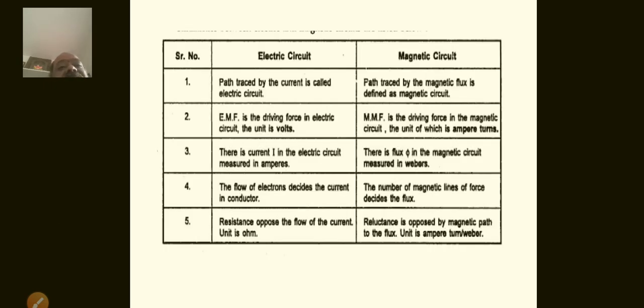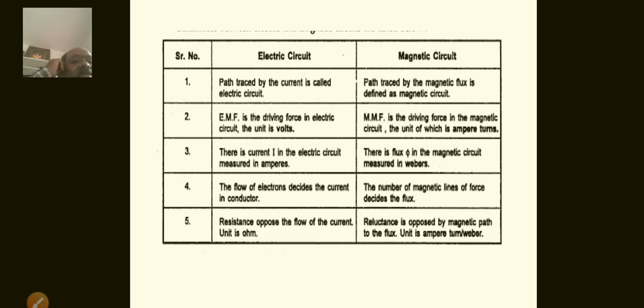And what is the electric circuit, and what is it in the magnetic circuit? The path traced by the current is called the electric circuit. The path traced by the magnetic flux is defined as the magnetic circuit, right? Whatever path the current flows through is called the electric circuit, the closed circuit. And the path traced out by the magnetic flux is the magnetic circuit.